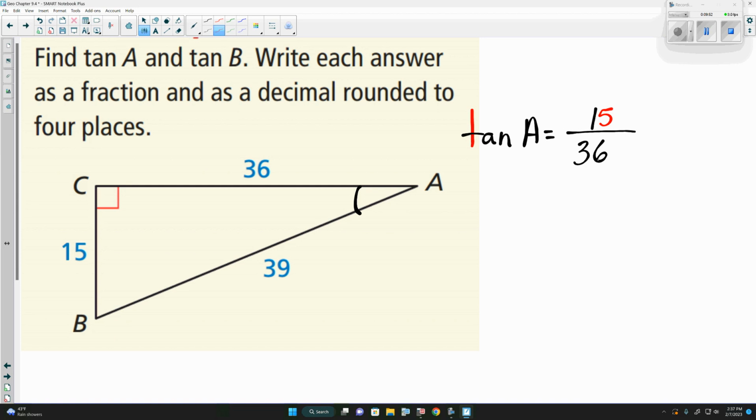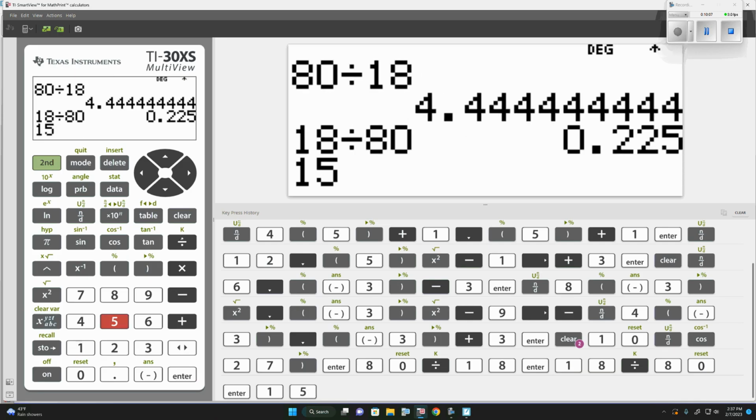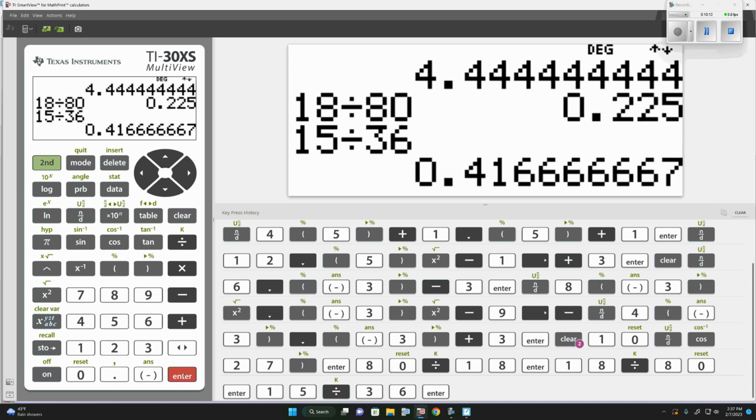Almost 36, because 39 would be the hypotenuse. So we'd have 15 over 36, which is going to be close to 1/2, but it's going to be a little bit less. 15 over 36 is 0.4167.